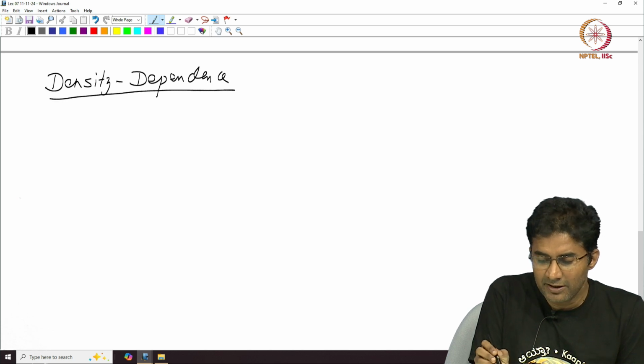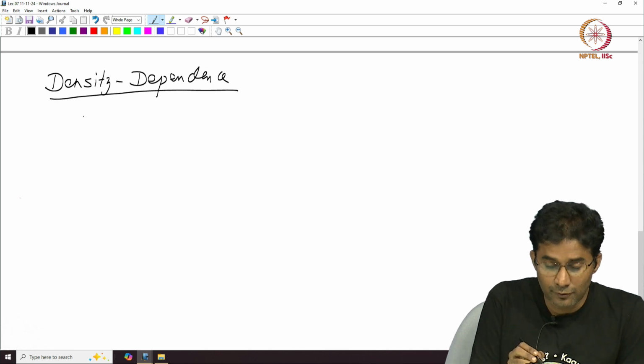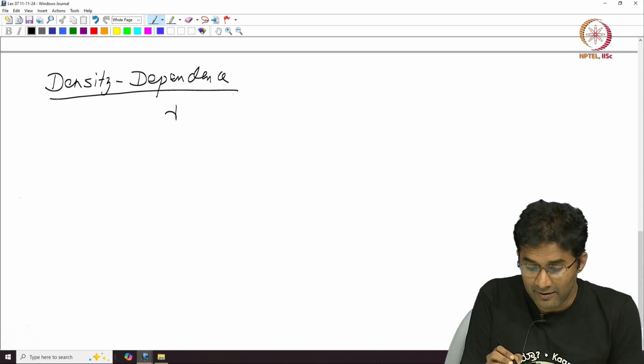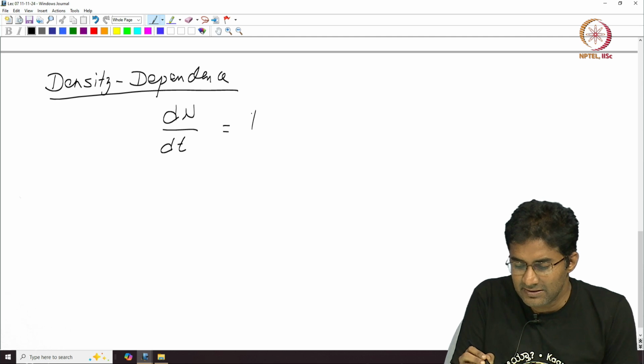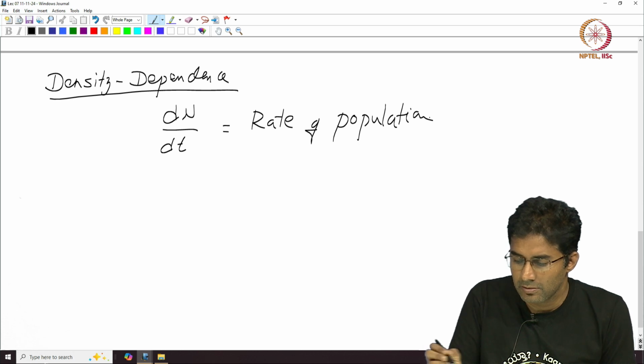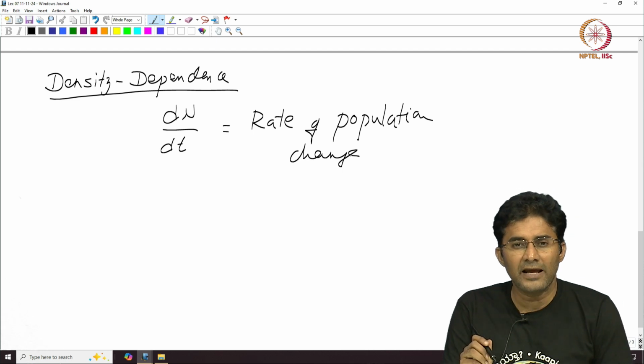Before we think of density dependence, it is useful to move to continuous time and represent dN by dt as the rate of change of populations, using the notations of calculus.